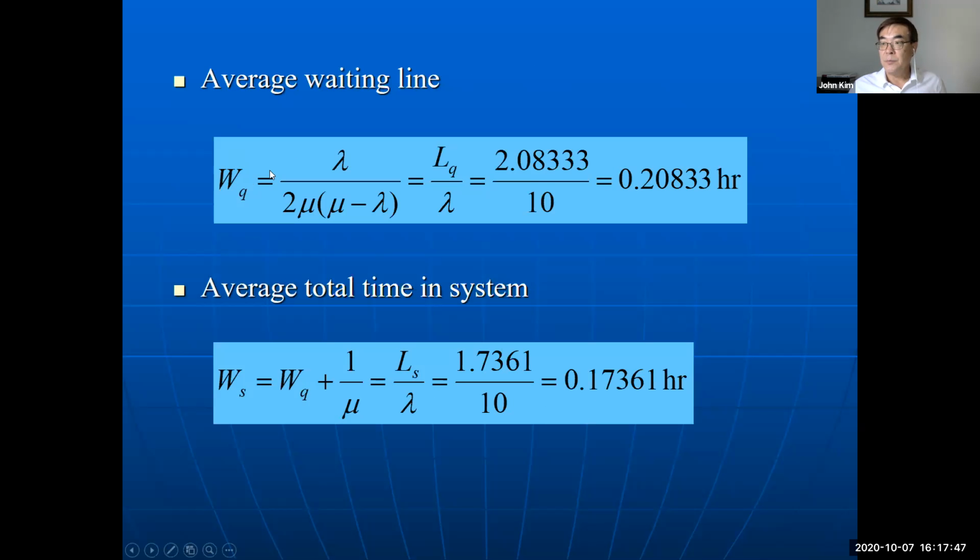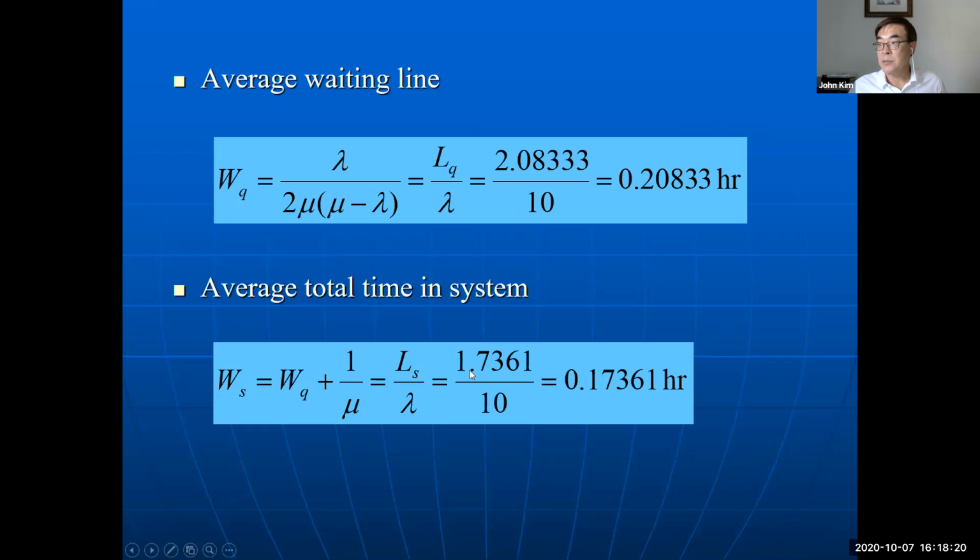And waiting time, LQ divided by lambda. So 2.08333 divided by 10, that is 0.208333. And then average total time, WQ plus 1 divided by mu, that is LS divided by lambda.